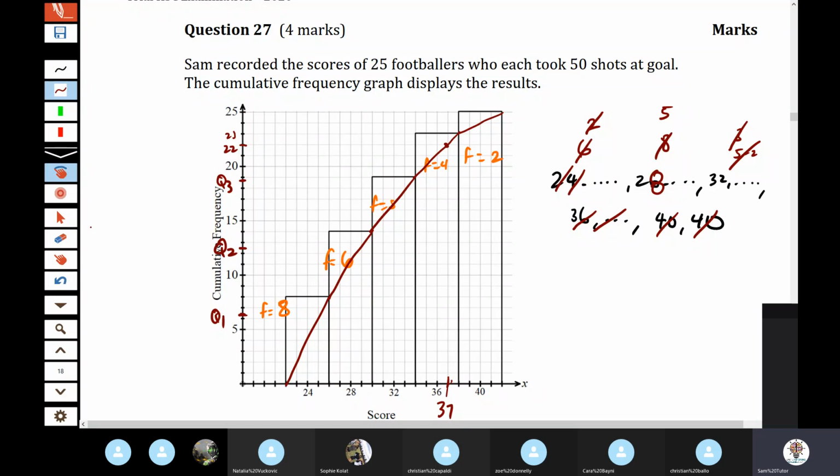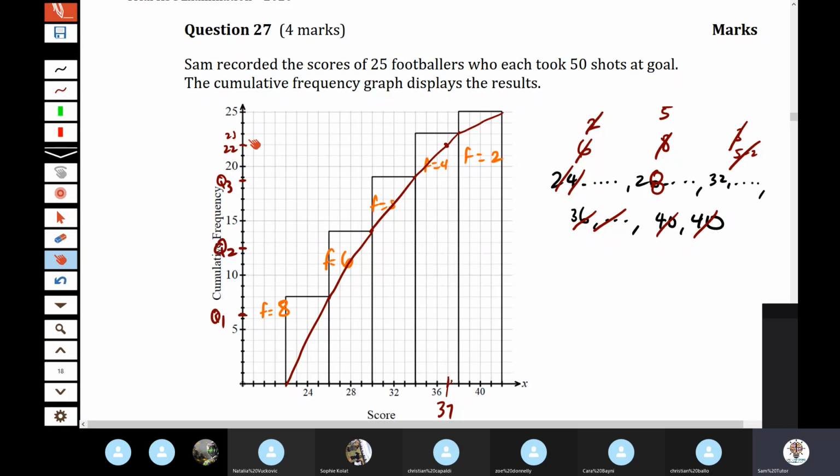Because then you can tell if I go up from 37 that that's at 22, and then at 38 there's just 1 extra person. A little bit trickier. That's okay. So once you draw your polygon, this ogive, sometimes you guys have called it, if you look at 37, you scroll up, you'll see that would meet this line at 22. 38, which is where it ends, is at 23.